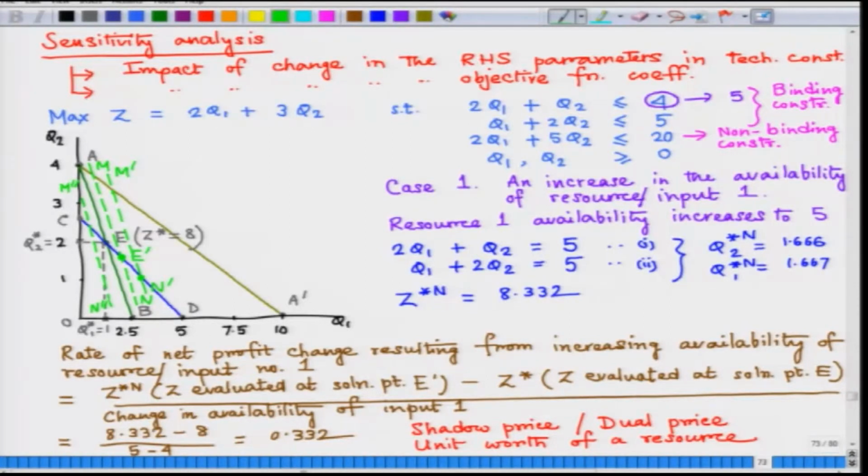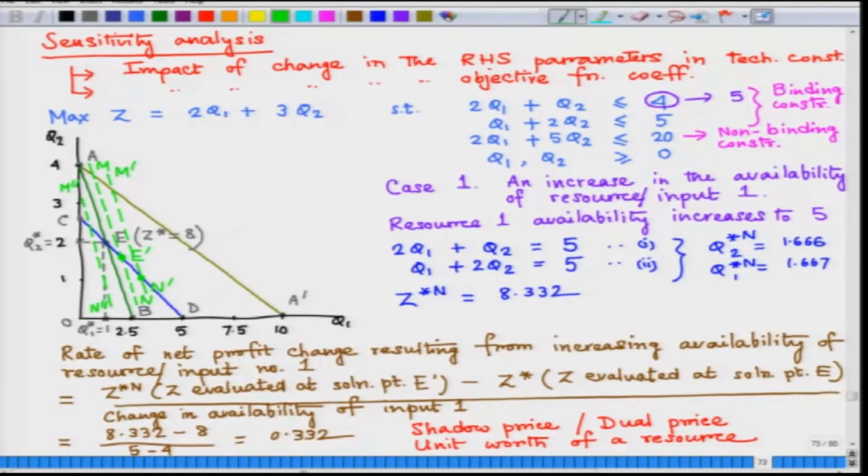So, basically what I am trying to say here is that these movements of this initial resource constraint for input or resource number 1, which is given by line A B, is basically movements along this input or resource constraint line C D. This is basically the resource constraint line or boundary line for input 2. So, this is basically defining the range of input 1's usage within which the shadow price or the dual price of input 1 will remain constant.